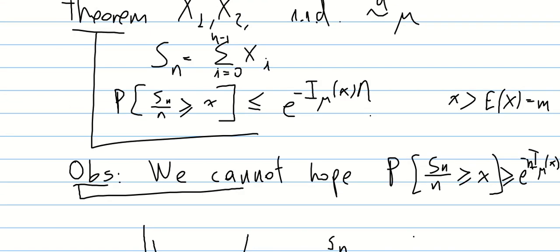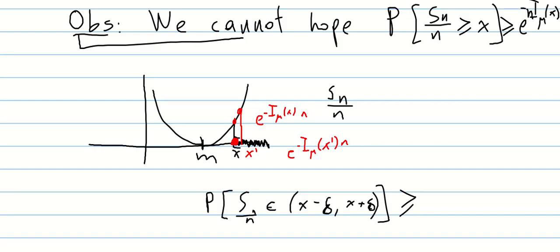And another observation is that this is not asymptotic. It's something that holds for every x, every n, every variable mu. This is a finite statement. In the next theorem, however, we're going to give an asymptotic estimate.